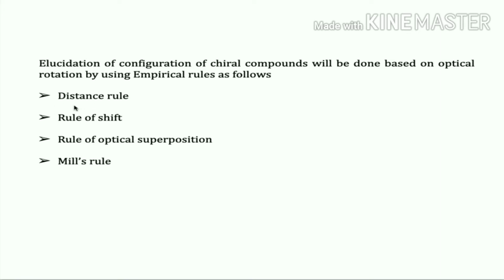Those empirical rules are the distance rule, rule of shift, rule of optical superposition, and Mills rule. By applying these empirical rules, we correlate or assign the configuration for a new chiral compound. I will discuss these things in the next lecture.